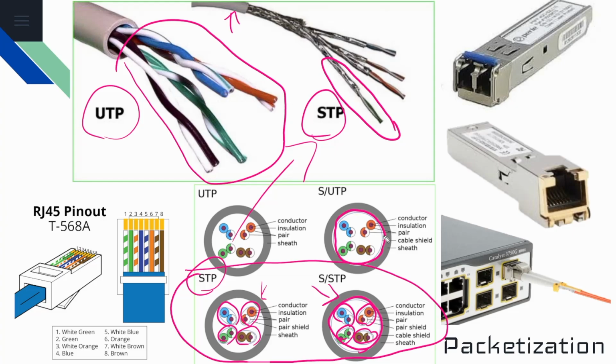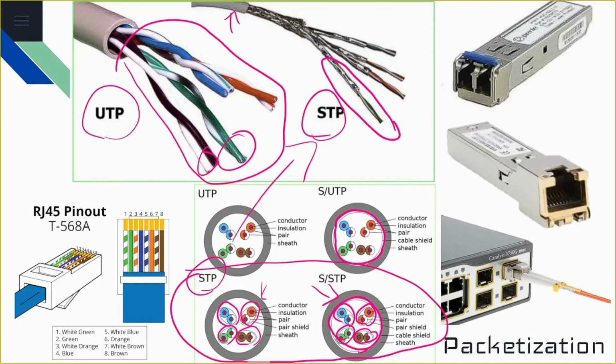They're just twisted together, just like here. However, we still have that outer shield that covers all the wires to give us a little bit more protection against EMI. All right, let's go ahead and clear the screen and talk about the cables themselves.